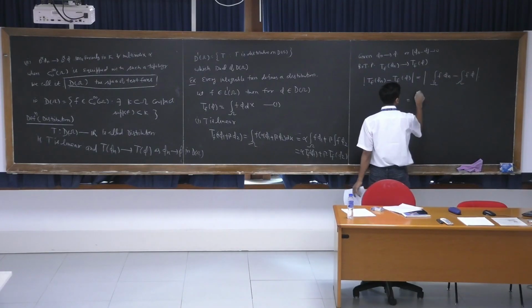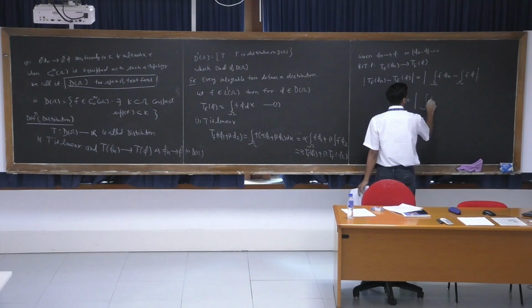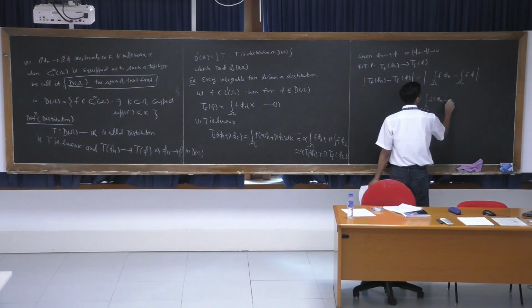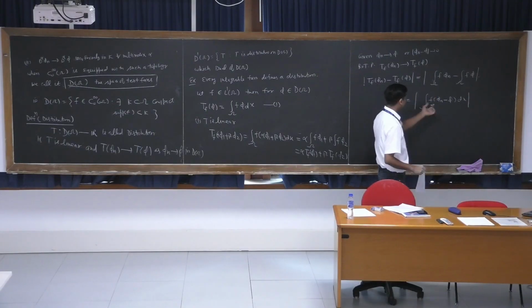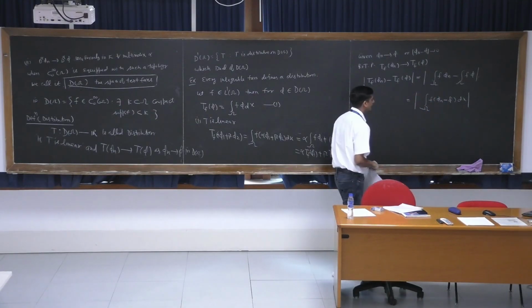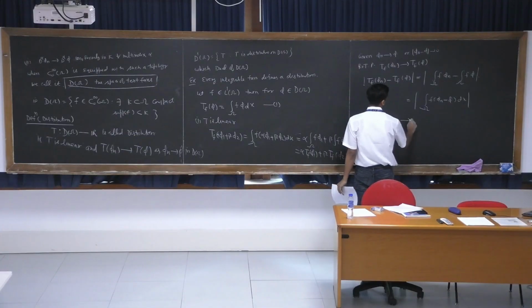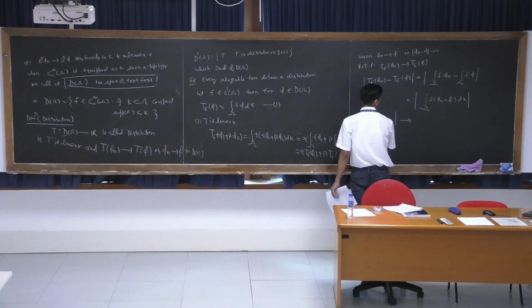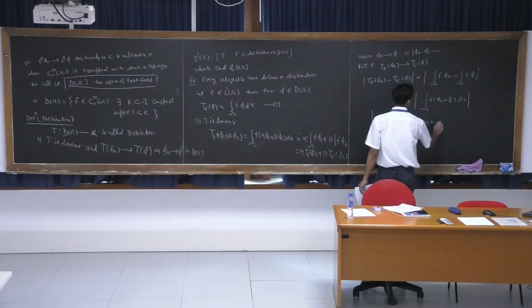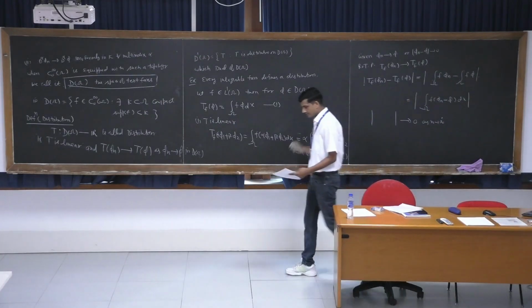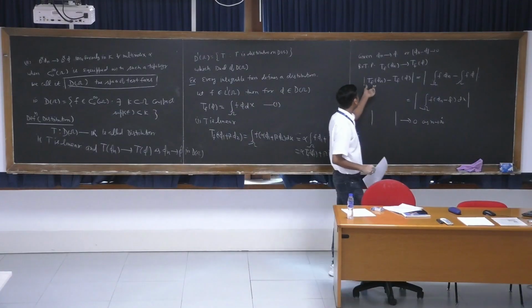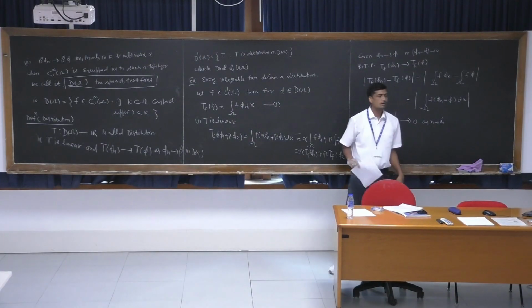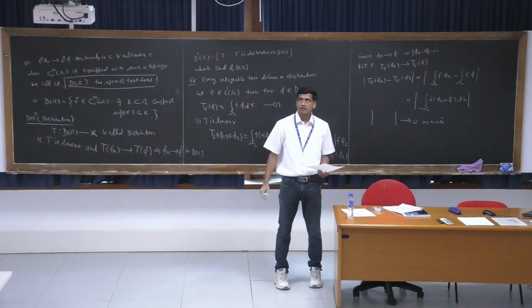That is equal to, taking f and phi n minus phi common, the integral of f times phi n minus phi dx, and obviously this goes to 0 as n goes to infinity. So it is easy to prove that T f of phi n converges to T f of phi.